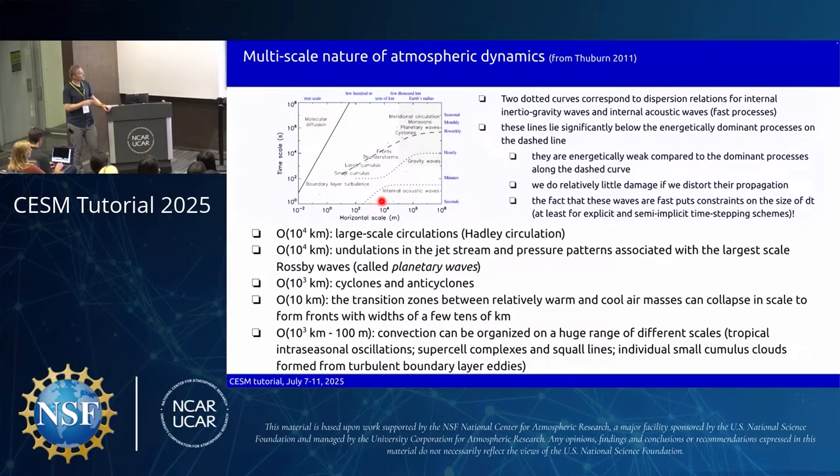And then we also have acoustic waves if your equation set allows for it. The reason why I'm showing them here is they're fast waves. Fast waves determine, in general, the longest time step you can take in the model for it to be stable. So they can be very restrictive for your time stepping. The shorter time steps you're taking, in general, the less efficient your model is. So one of our limitations in our model is the time steps are pretty short, so we can't run as fast as we would like to.